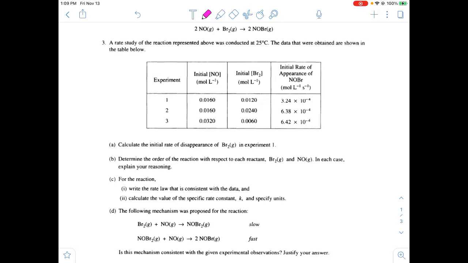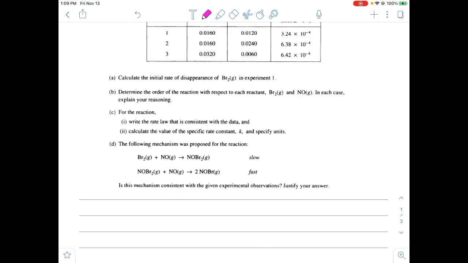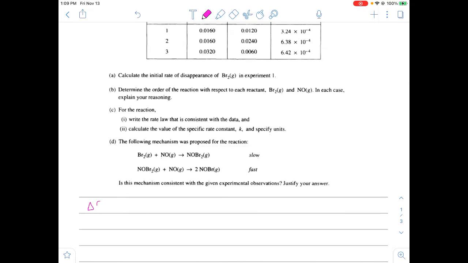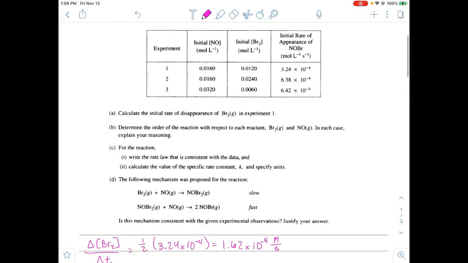So the rate for NOBr in experiment 1 is 3.24 times 10 to the negative fourth, which means that the rate of the disappearance of Br2 equals 1/2 the rate of the appearance of NOBr, which is 3.24 times 10 to the negative fourth. So this gets us a final rate of Br2 loss of 1.62 times 10 to the negative fourth moles per second. So that matches our unit given to us up here.